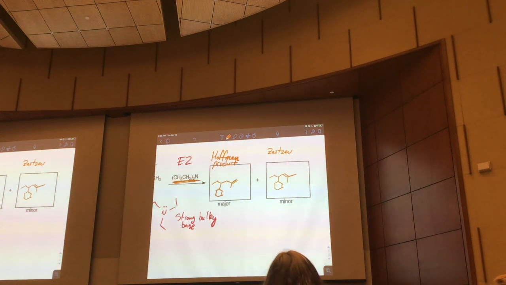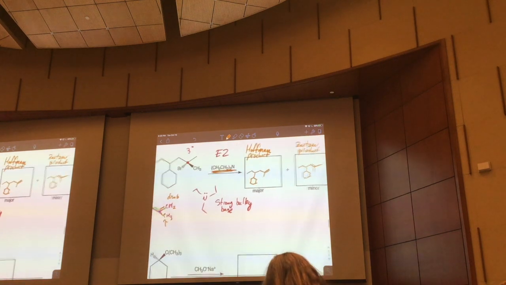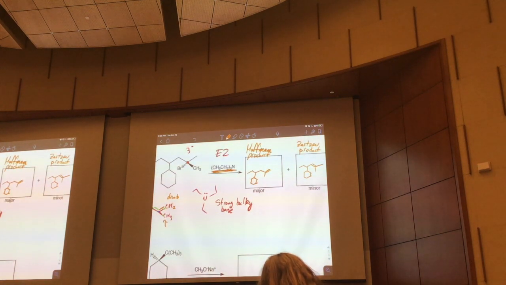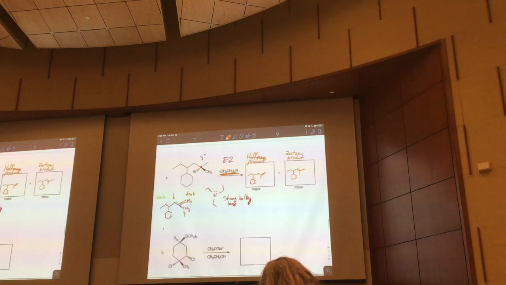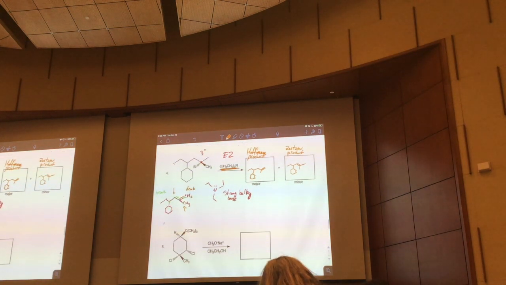Zaitsev. We'll say it's right. The Zaitsev product is the most substituted. The Hofmann product is the less substituted one. You're going to go for the Hofmann product with bulky bases. So tert-butoxide and this, I'm not sure what to call it, I guess it would be triethylamine. Triethylamine, eh? Yeah, good enough. But it's a super bulky base, so you're going to go with the Hofmann product on that one.